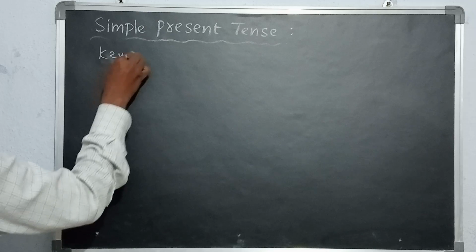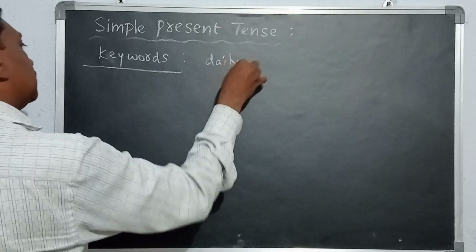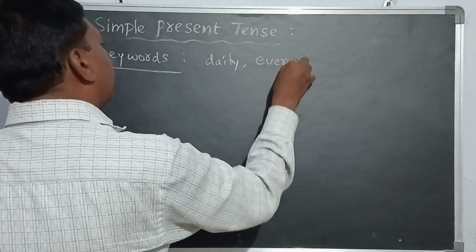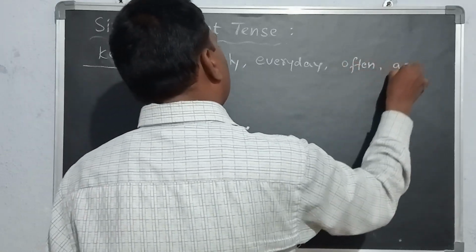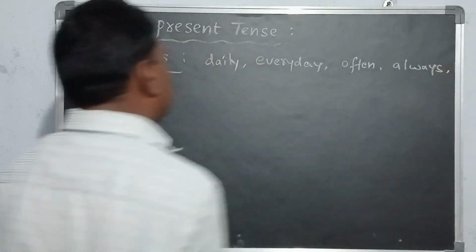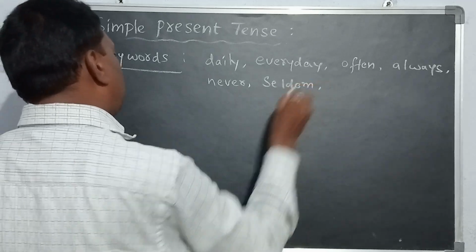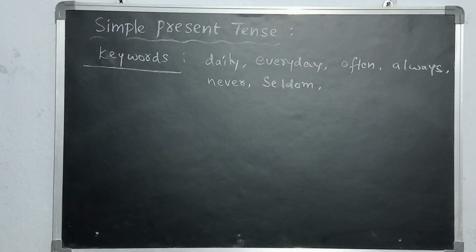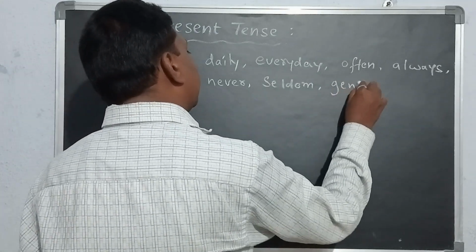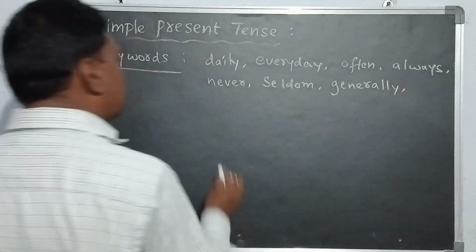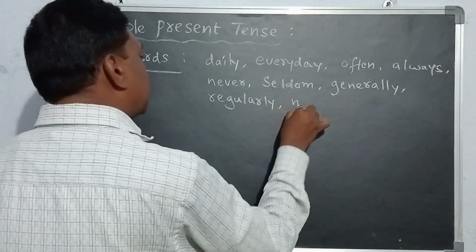The keywords in simple present tense: daily, everyday, often, always, never, seldom, generally, regularly, naturally.